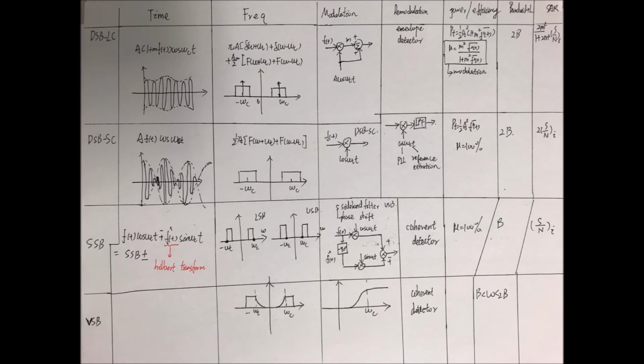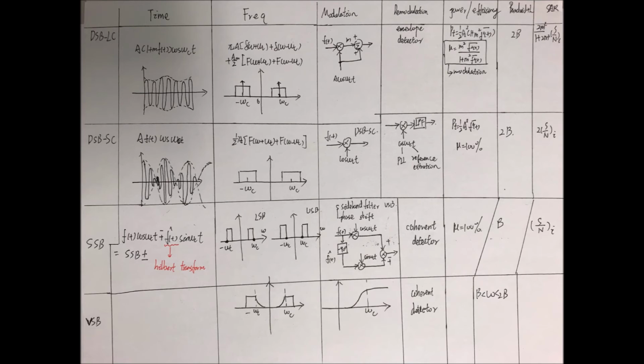A is the amplitude of my carrier. M we call the modulation index. Omega C is my carrier frequency. I also ask you to sketch it in exercises, examples, and your homework.